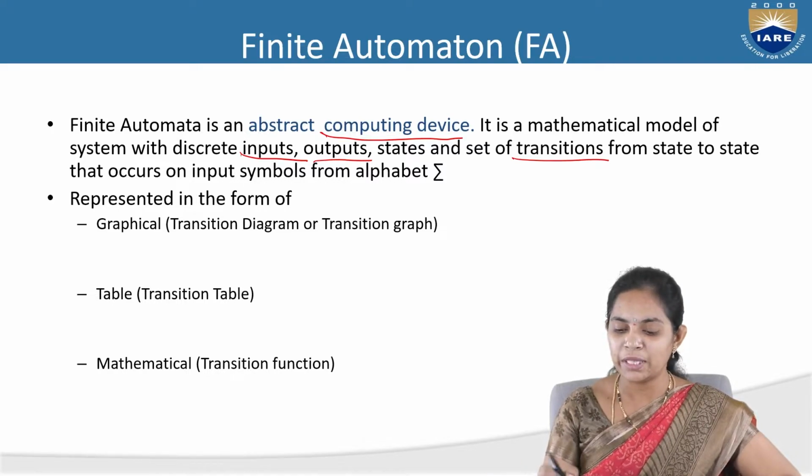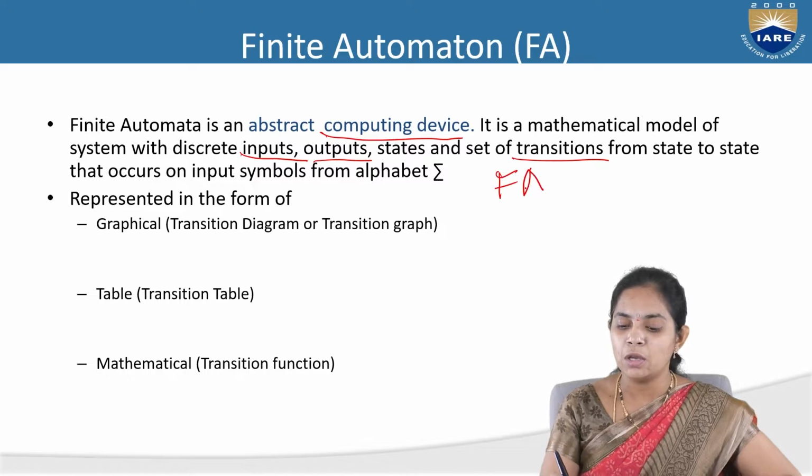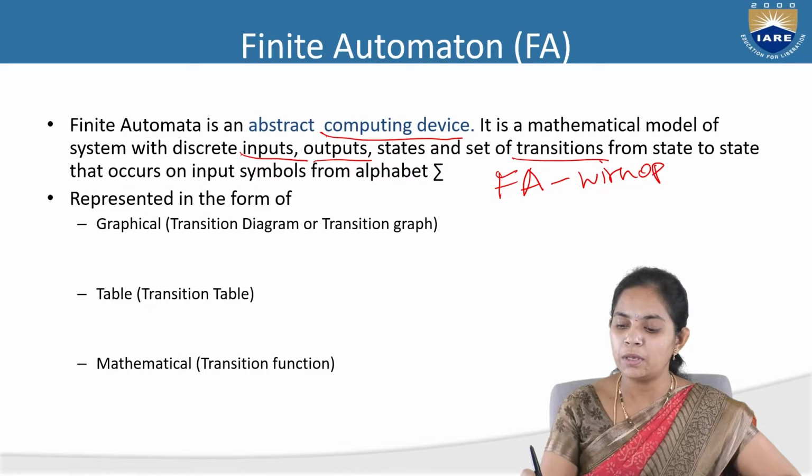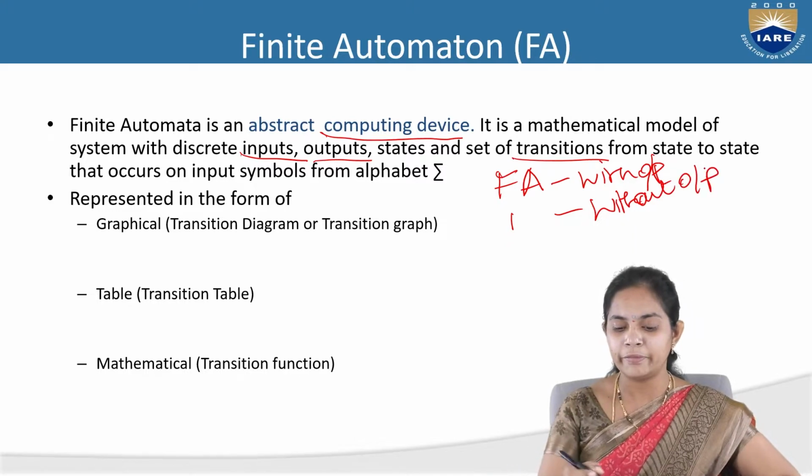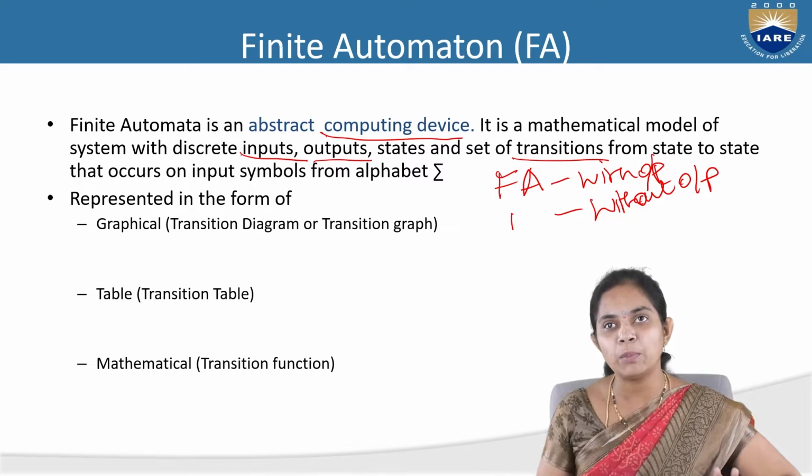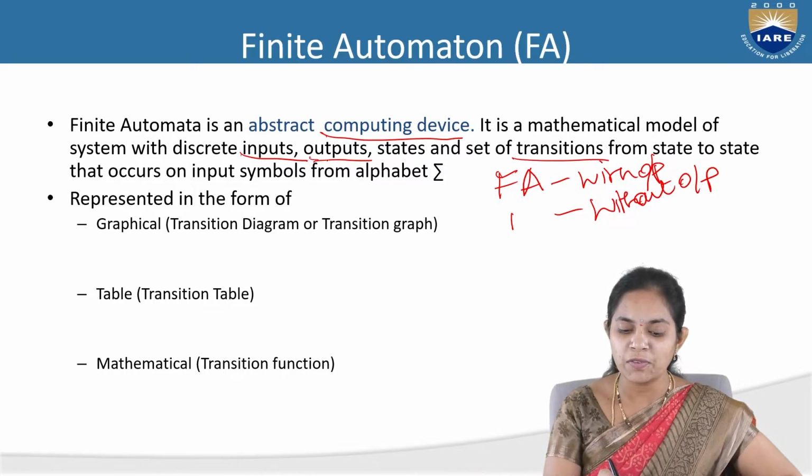In the previous video we discussed about the finite automata with output and without output. So here we are saying that it's a mathematical model which comes from the discrete inputs and outputs. So here we are specifying the outputs.